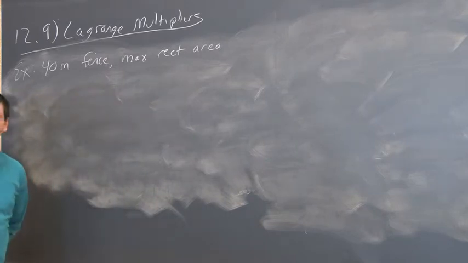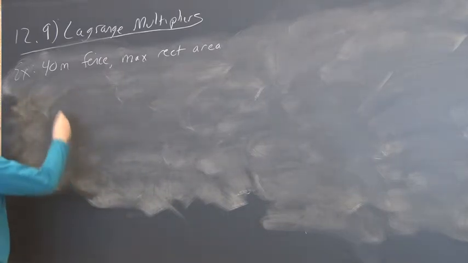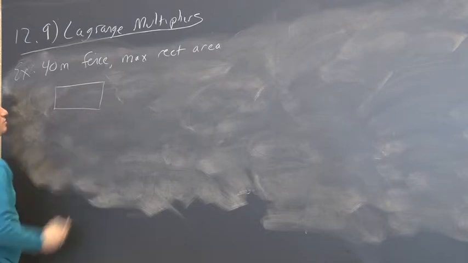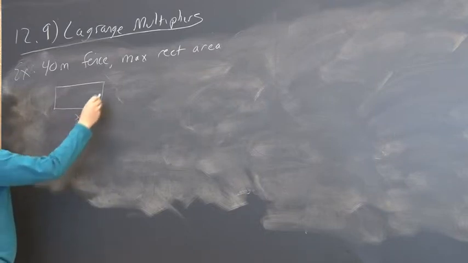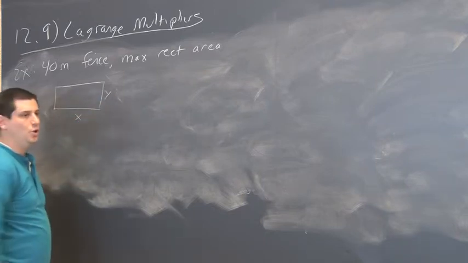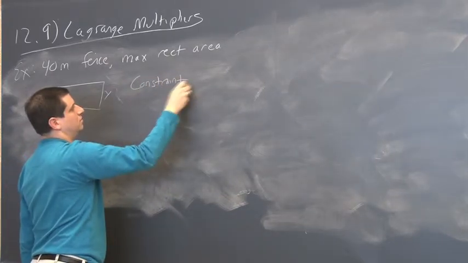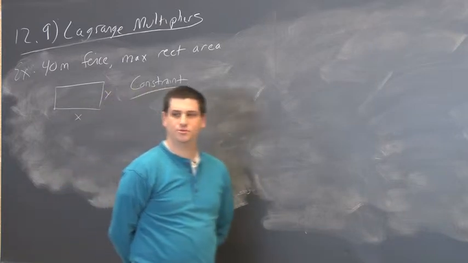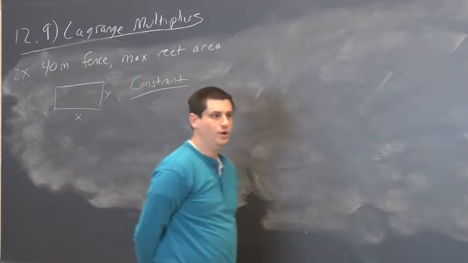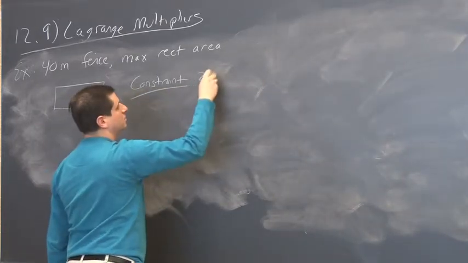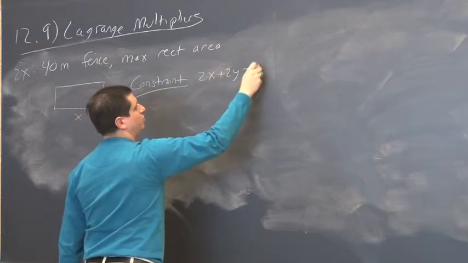So step one in these problems is draw a picture. Doesn't have to be a great one. Here's x, here's y. What would be my constraint for this problem? 2x plus 2y is 40.